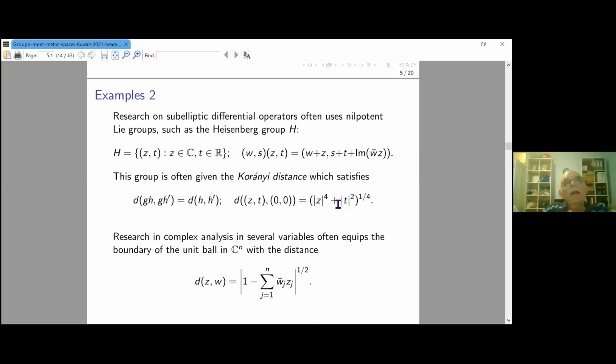My colleague Enrico Le Donne, who is now a professor in Switzerland, has had a number of PhD students who have all been working on problems with metric Lie groups, metric geometry, and so on.